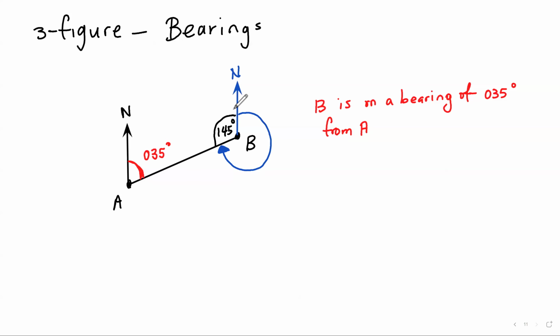And of course, you should know that the angles around a point add up to 360 degrees. So to find this clockwise angle here, which is the bearing of A from B, we would say 360 take away 145. And that would give me 215 degrees.